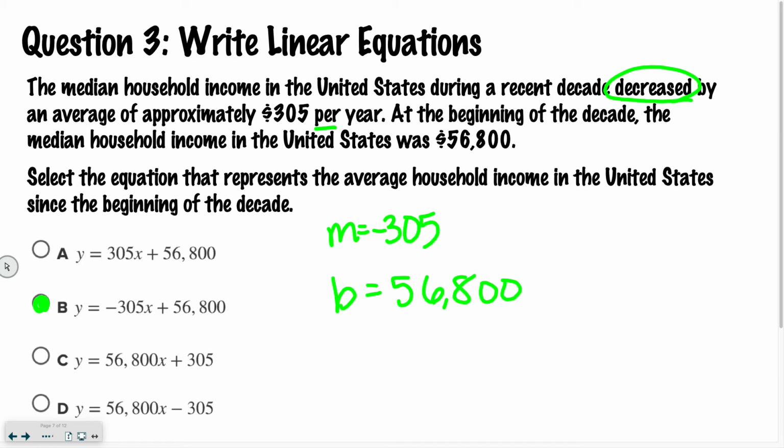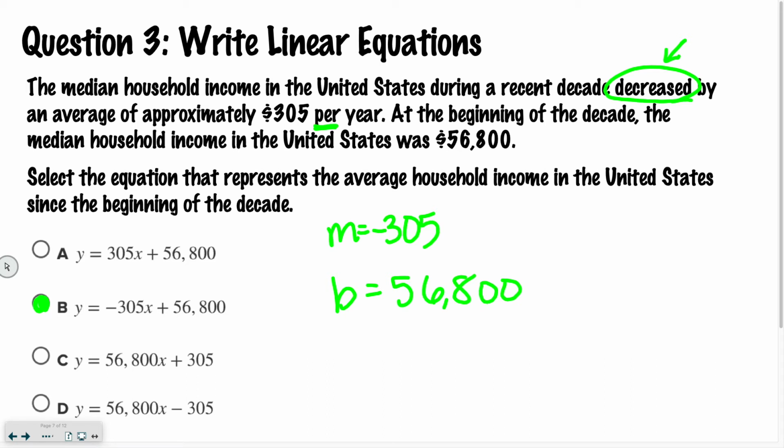All right, for this problem, hopefully you said letter B. Some of you might be scratching your head and wondering why it's B instead of A. So a key thing here, yeah, we have the 305 per year, but if we go back to reread the problem, it says decreased by an average of approximately 305 per year.